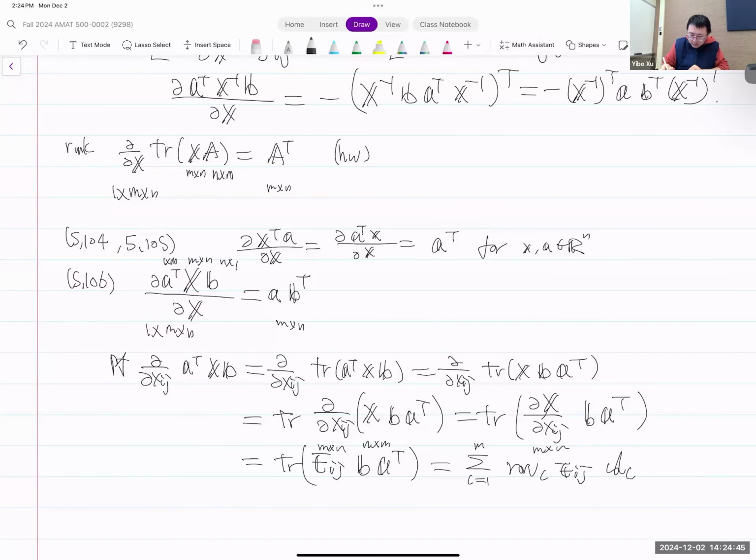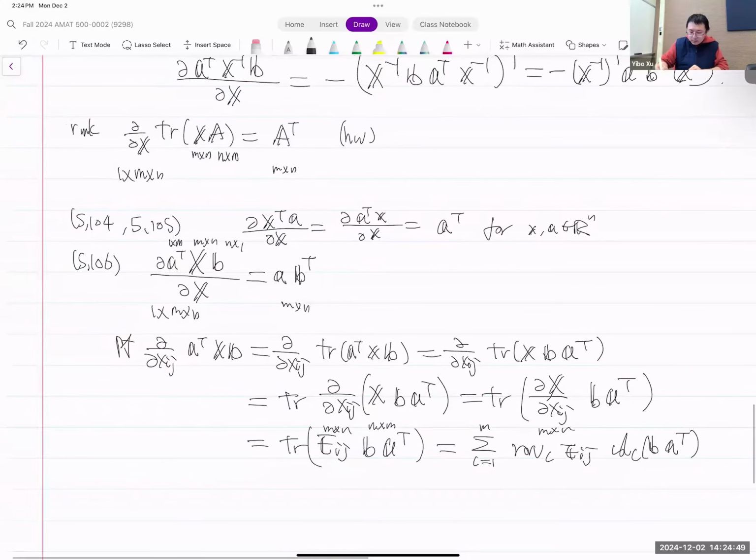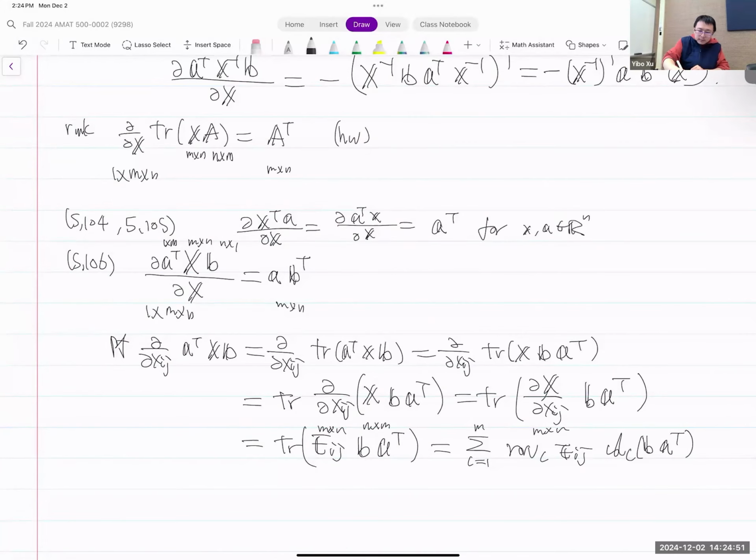And column C of BA transpose. Well, it's really like a repetition of before. Okay? So row C of EIJ. So only when C equals I does it give you something. So that's row I of EIJ times column I of BA transpose.